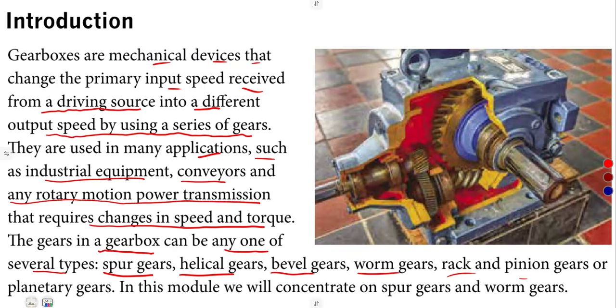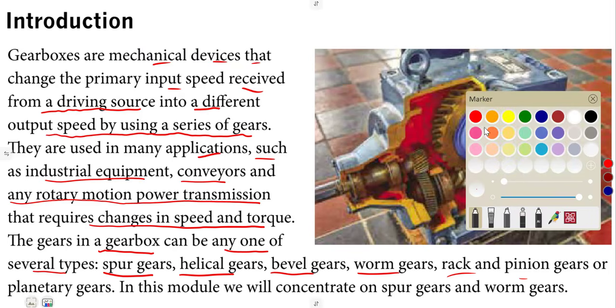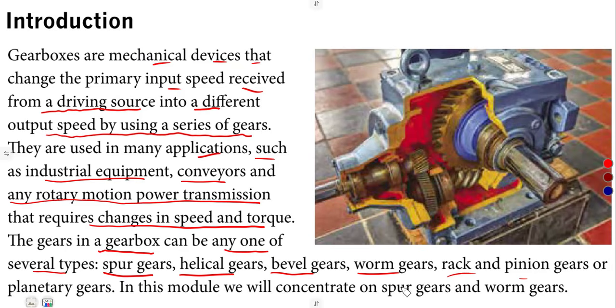Remember, but in our case of N6, for these reduction gearboxes, we shall focus on spur gears and what? And worm gears. Those are the ones that we are going to be focusing on. I do not want to waste your time, guys. What we are going to consider will be part of the calculations.